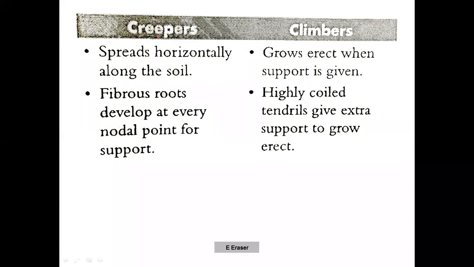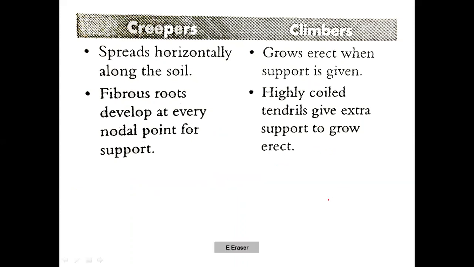In the creepers, fibrous roots develop at every nodal point for support. As they grow horizontally and get a node, they make fibrous roots, very small roots, so the length will be very less, and the plant extends horizontally.